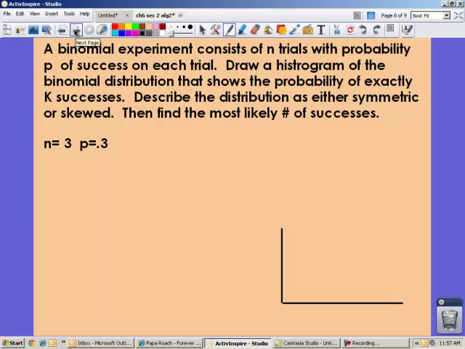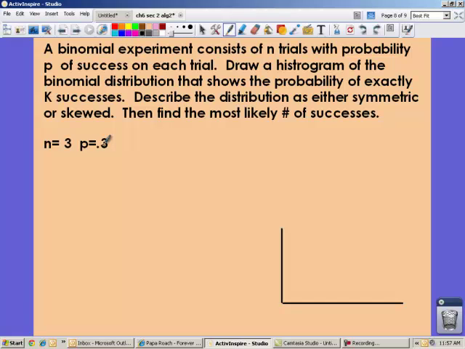A binomial experiment consists of n trials with probability p of success on each trial. We're going to draw a histogram of the binomial distribution that shows the probability of exactly k successes. Describe the distribution as either symmetric or skewed, and then find the most likely number of successes. All right, so if we look at this problem, we have our n, which is 3, and our probability, which is 0.3.